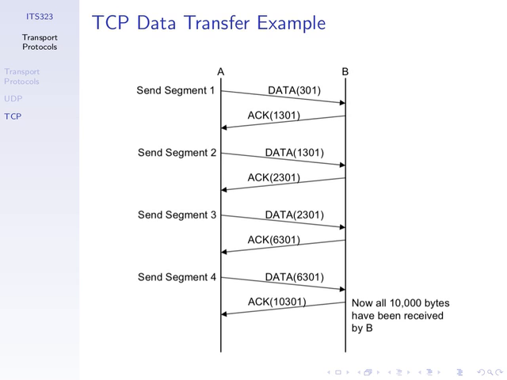So the next segment here would be a data segment containing sequence number. What sequence number? 10301. Good. The acknowledgement here says we expect 10301, so the next data is going to be 10301.